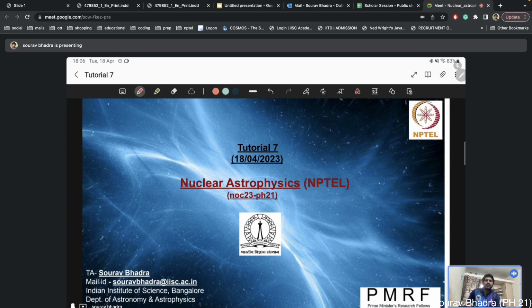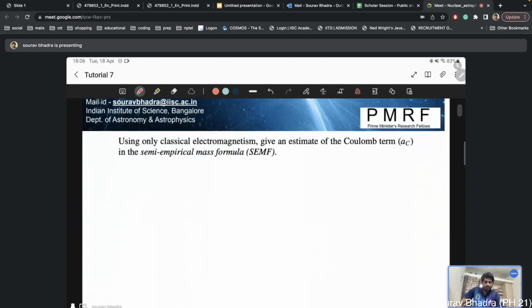All the other accelerators you can see in any of the textbooks, but the two most important accelerators are these two, the cyclotron and LINAC, or the linear accelerator. And we will do some mathematical problems based on these two accelerators. This is what I want to cover today. Okay, so let us go to the problem directly.